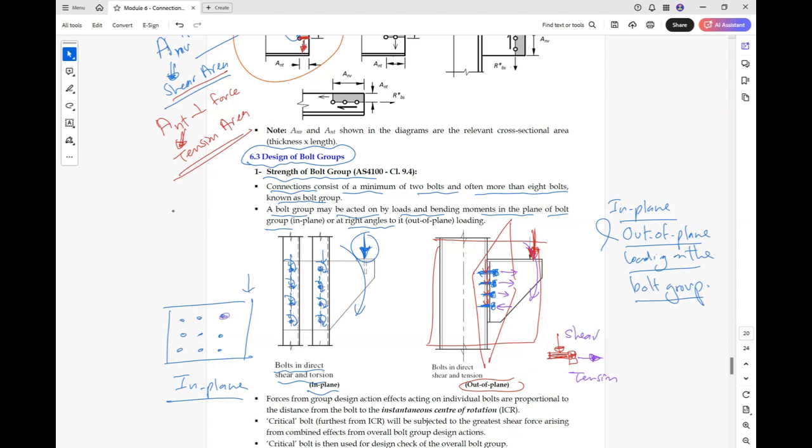This bolt here will be under shear and torsion. So if it is an in-plane group, the bolts will be under shear and torsion. If it is an out-of-plane group, the bolts will be under shear and tension.